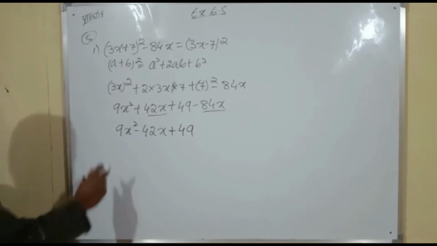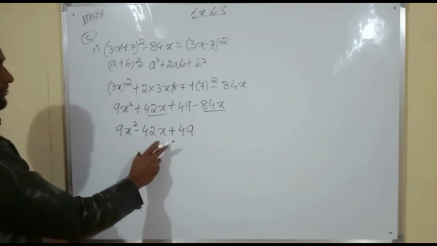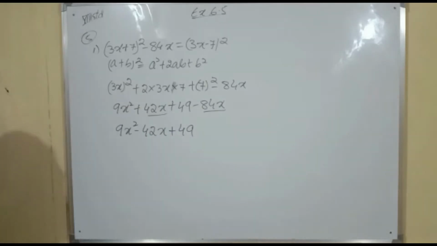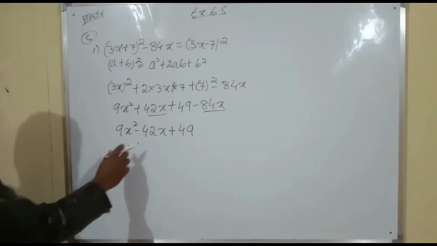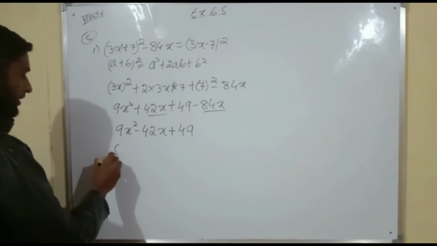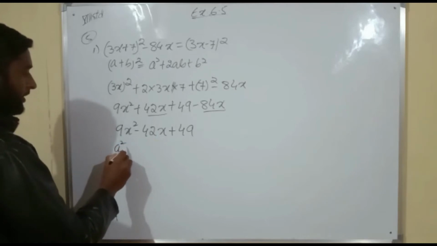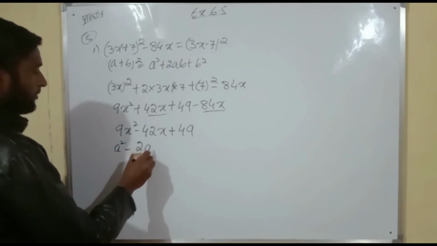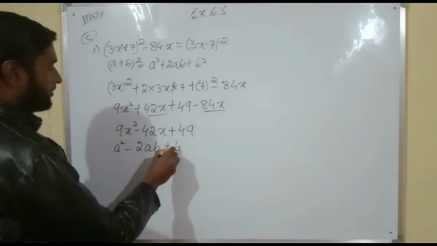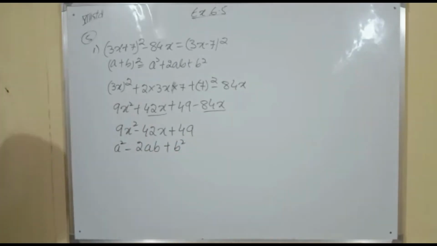Okay, see here 9x square minus 42x plus 49. It is in the form a square minus 2ab plus b square, isn't it?